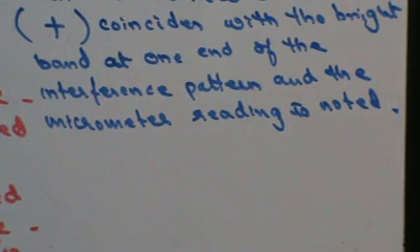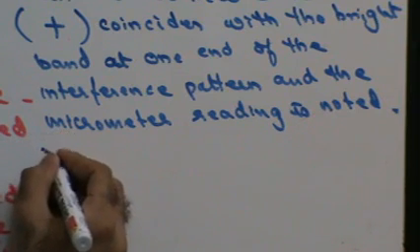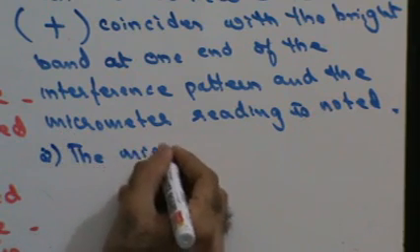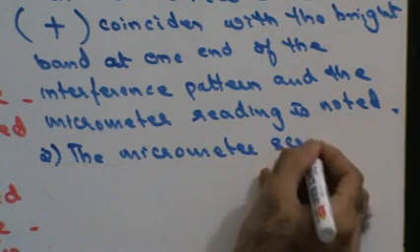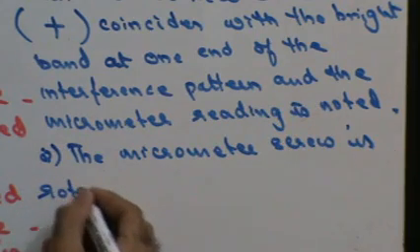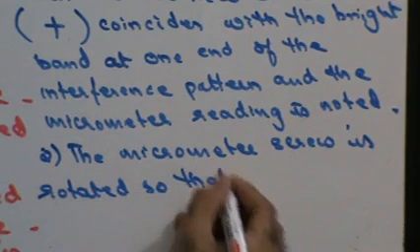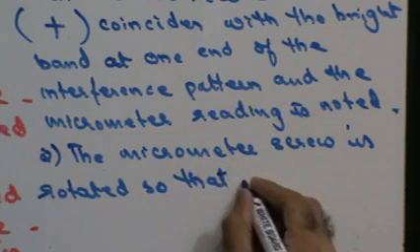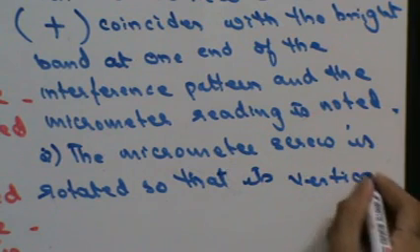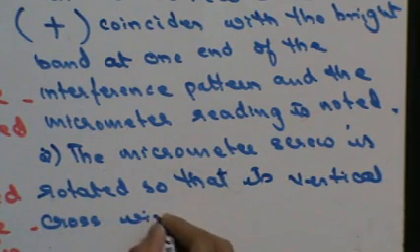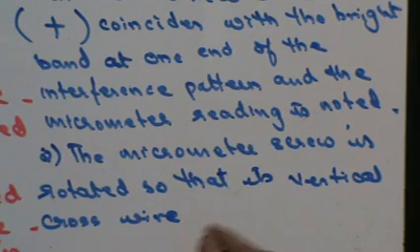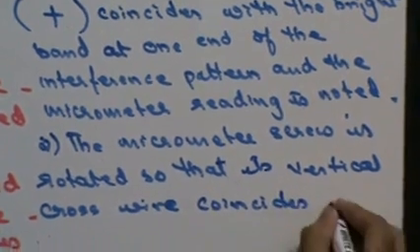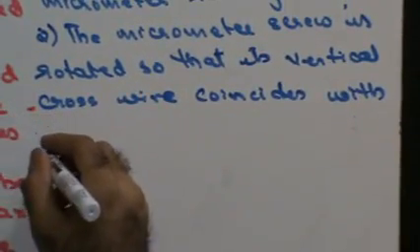Next, the micrometer screw is rotated so that the vertical crosswire coincides with each successive bright band.